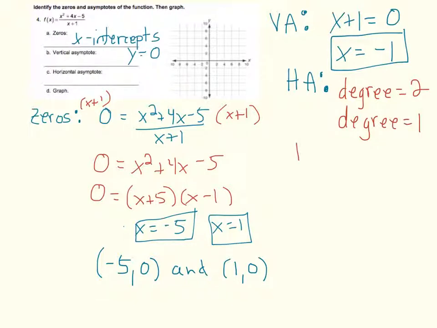So what that means is that I've got p of x, the degree greater than q of x. And this means that there's not going to be a horizontal asymptote. Again, when you plug in a really big number, like say if you were to plug in 2 million into x squared, that 2 million will take over and it will start to really blow up as your function. So it means that there's no line that it's actually approaching. There's not going to be an asymptote.